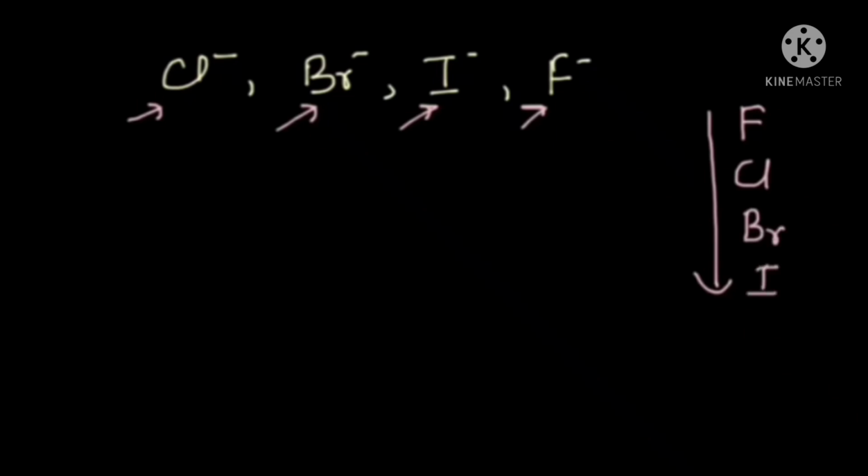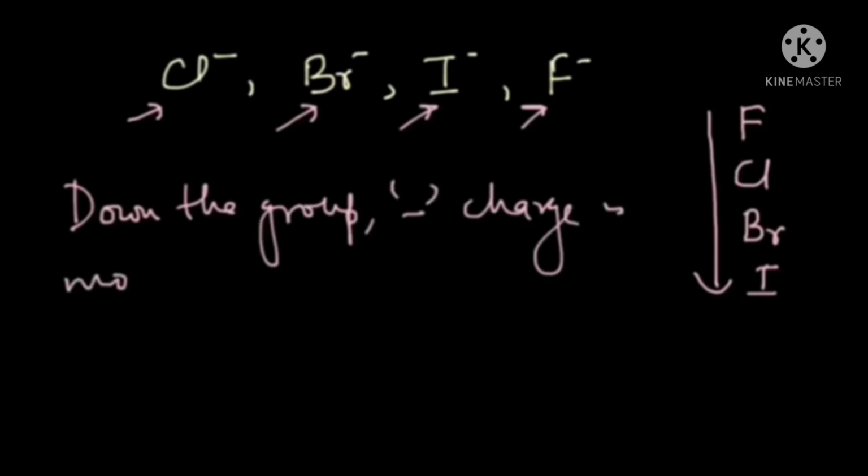So the order in a group is that as you move down the group, negative charge becomes more stable. The reason for this is each of these atoms has the same amount of negative charge, but the size of fluorine atom is very small.